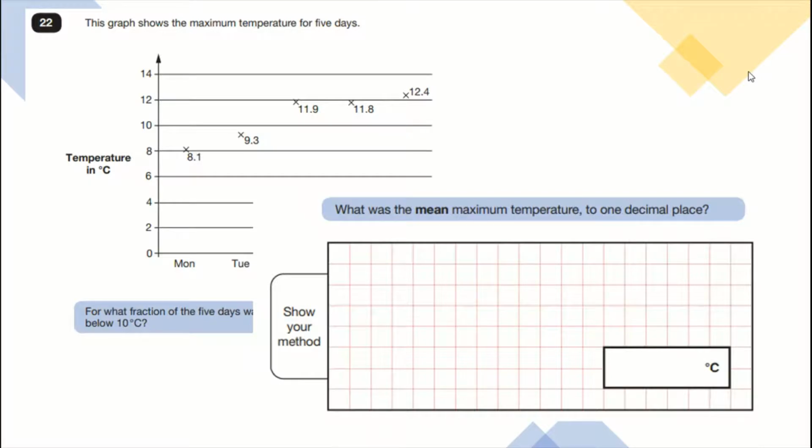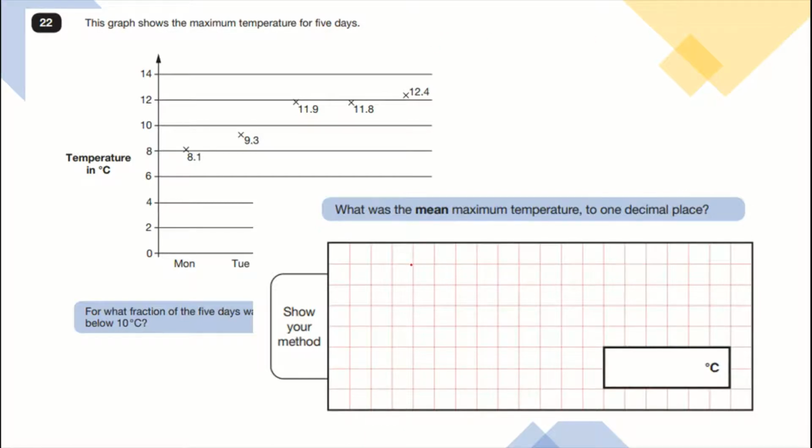Now for the second part of the question, we are asked, what was the mean maximum temperature to 1 decimal place? To work out the mean, we add up all the temperatures and divide it by how many days there were.